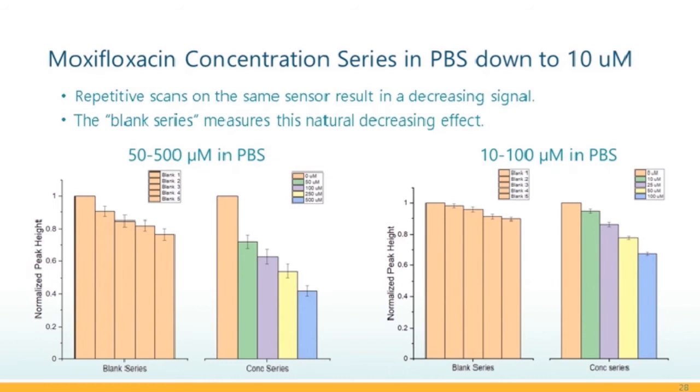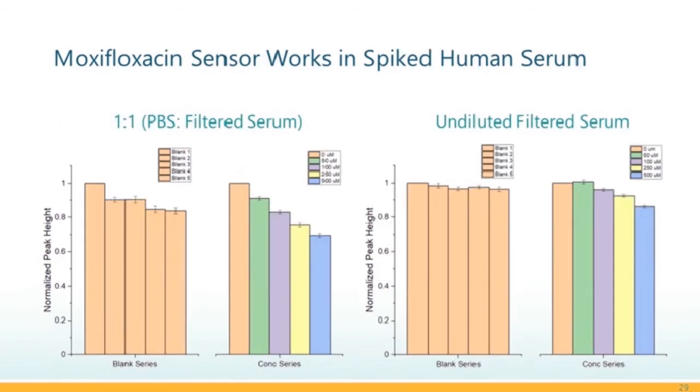we're able to demonstrate. We also have some preliminary results directly in human serum samples. So we took human serum that we purchased, ran it through a 3 kD filter to remove any cells and proteins that are left behind, put in the moxifloxacin, and the results you see on this slide are a 1-to-1 dilution of that material in PBS, as well as directly unfiltered serum.